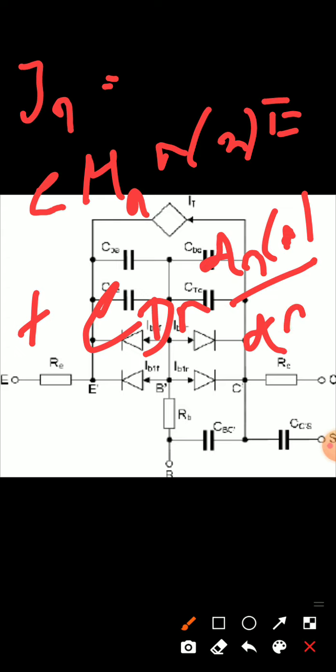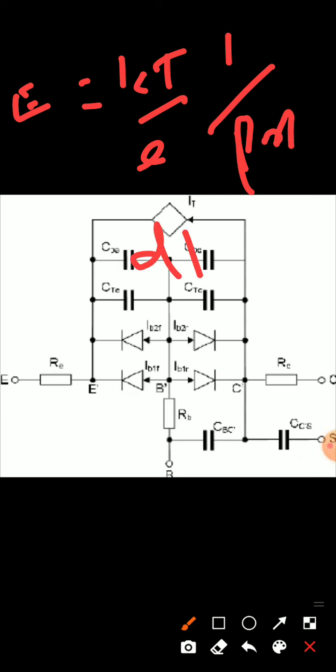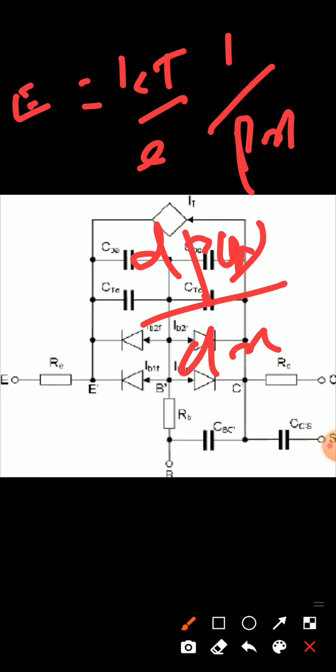This is the first equation. The electric field in the base due to non-uniform doping is E equal to kT/q times 1/p(x) dp(x)/dx. This is the second equation, where p(x) is the majority carrier hole concentration in the base.